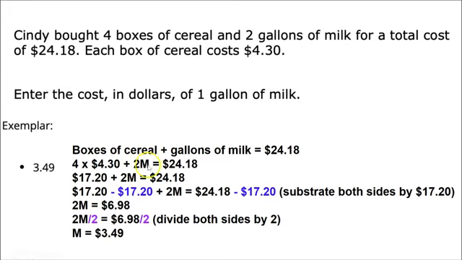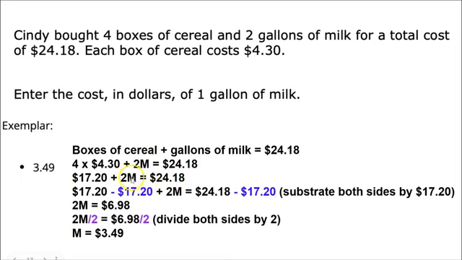And now we're in a form that we can work with: 4 times $4.30 plus 2 times some variable, which is the cost of the gallon of milk, equals this total cost of $24.18. From there, 4 times $4.30 is equal to $17.20 plus 2m once again equals $24.18.